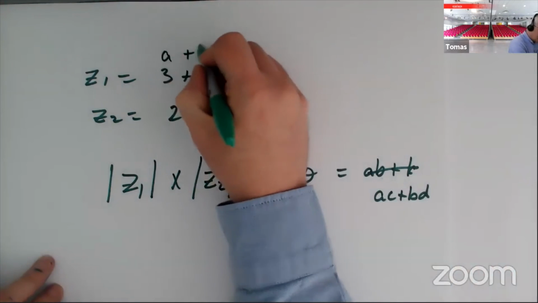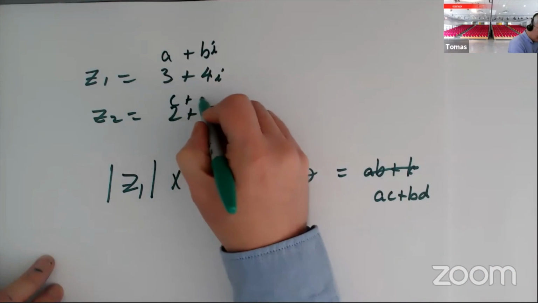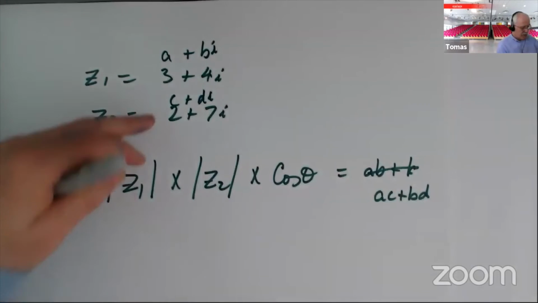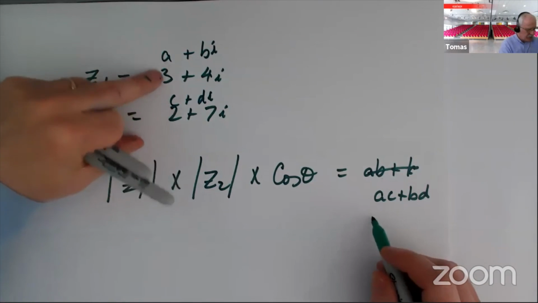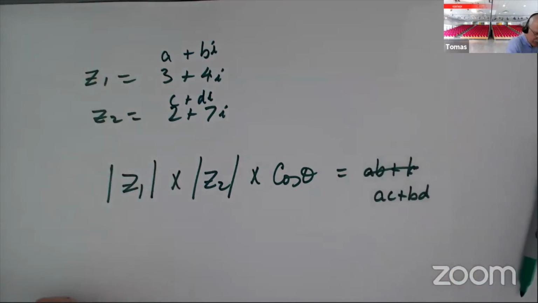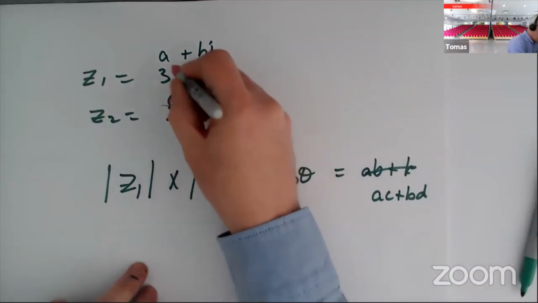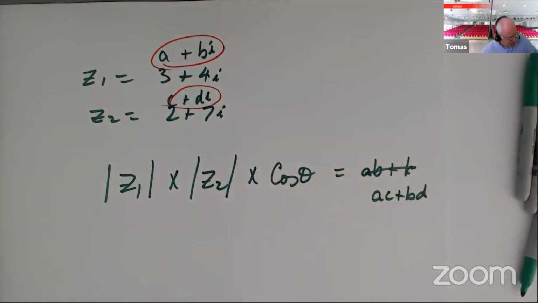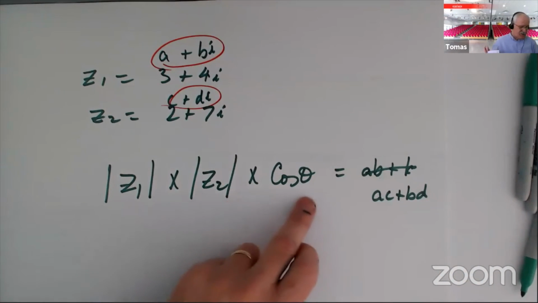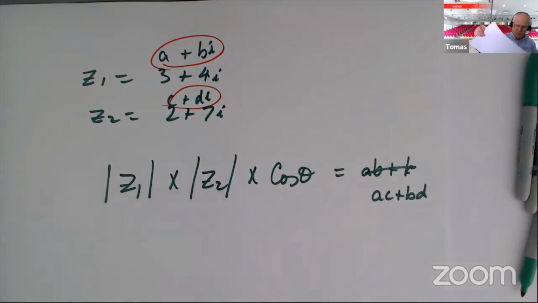Sorry, that was A plus Bi and C plus Di. They could have done it with numbers. They could have said, is it equal to whatever that is. How would you do that? Is this true? That was the question.